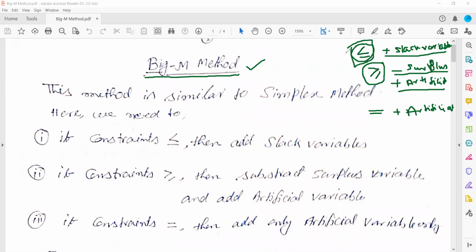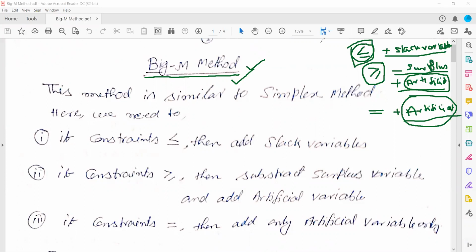So whenever artificial variables are present, that LPP should be solved by either the big M method or the two-phase method. So that is when you need to use big M and two-phase. Is it clear?